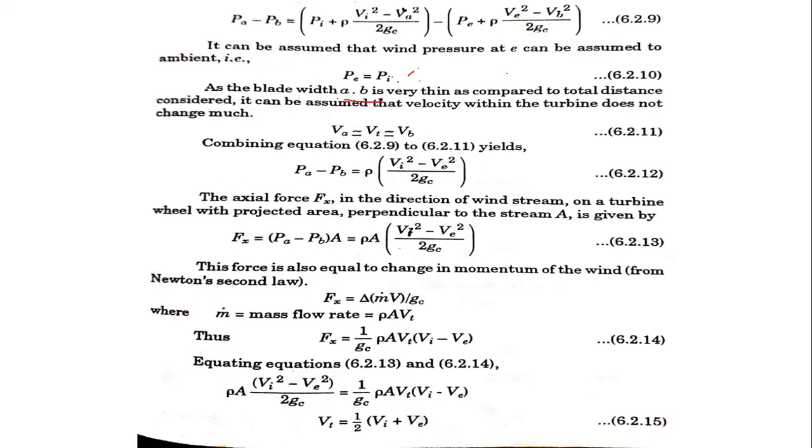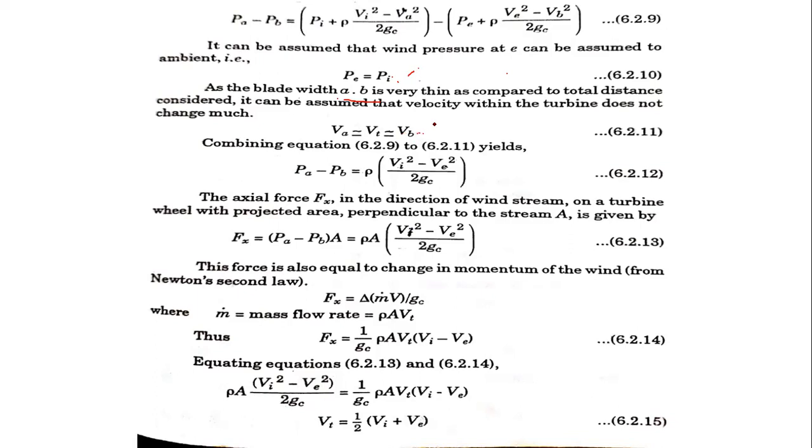If you compare the AB width with the diameter of the turbine wheel, it is very thin compared to the total distance. So it can be assumed that the velocity within the turbine does not change much.